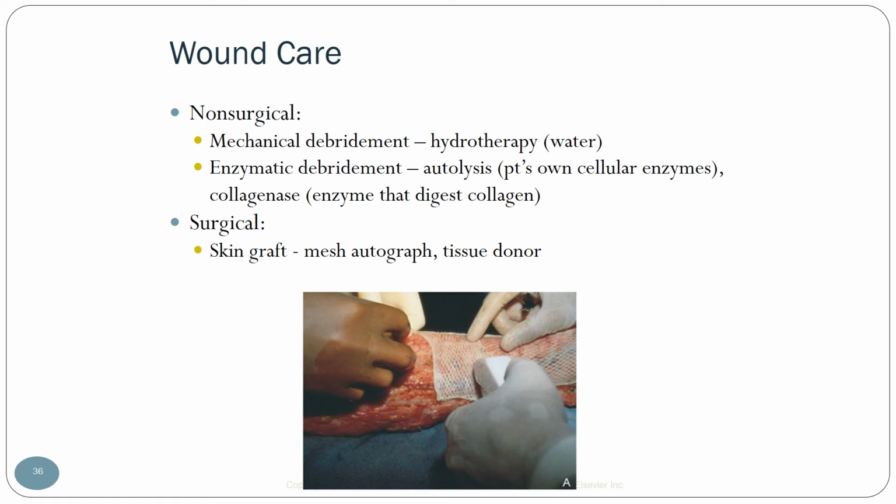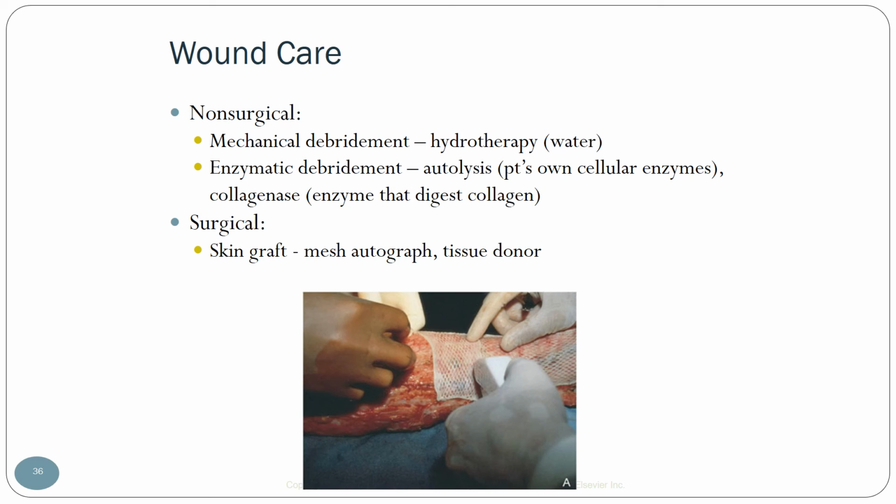We can do mechanical debridements either with hydrotherapy or as even a scraping debridement. Obviously, we need to pre-medicate for any of these. Enzymatic debridement, just like we talked about back in the wound chapter, includes the patient's own cellular enzymes, which are cleaning out the wound at all times, but we can also use things like collagenase, which is Santyl, that we discussed.